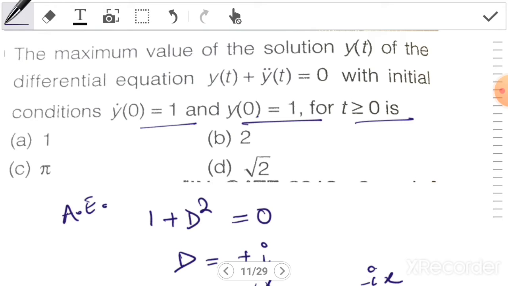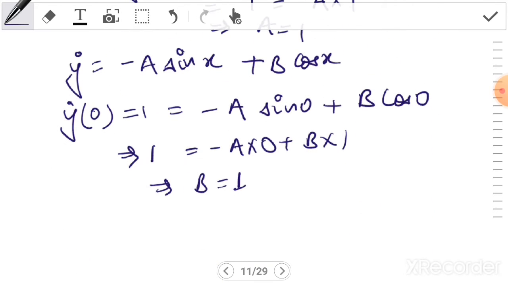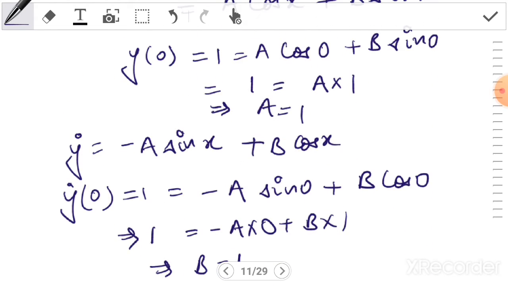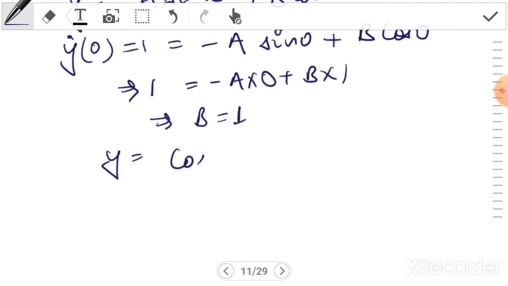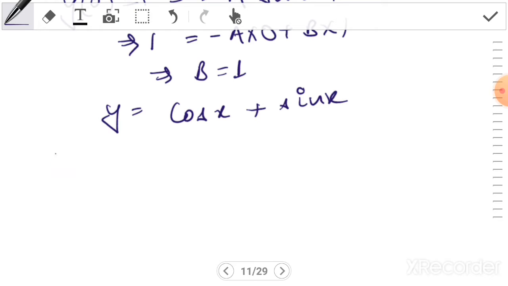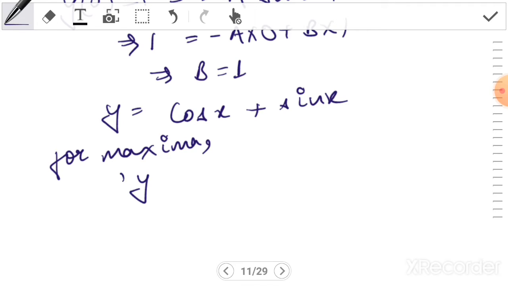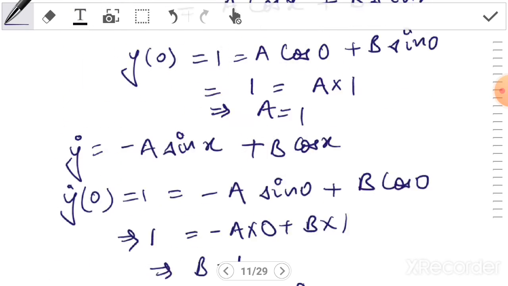Now we have to find the maximum value of the solution. Before that, let us write the final solution. So a is equal to 1, b is equal to 1, that means cos x plus sin x. The final solution is cos x plus sin x. Now for the maximum value, we need to find the first derivative of y.